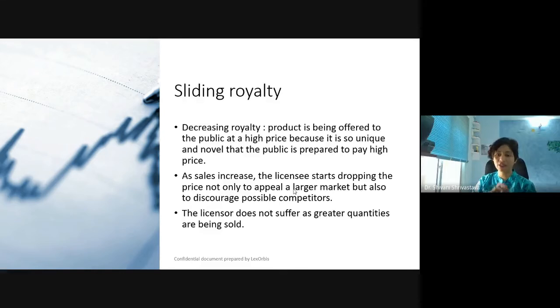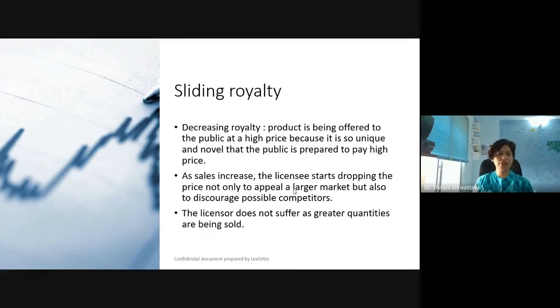When we launch a new product in the market with a very good technology, usually the product is launched at a high price because it is unique and new, and the customers are ready to pay anything for that particular product. But as and when the sales increase, the product value will decrease.